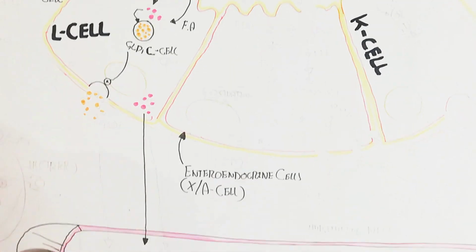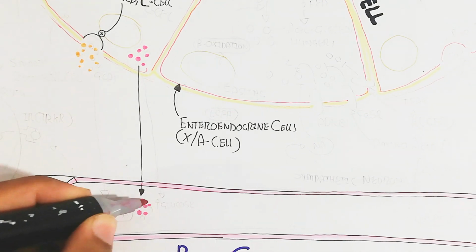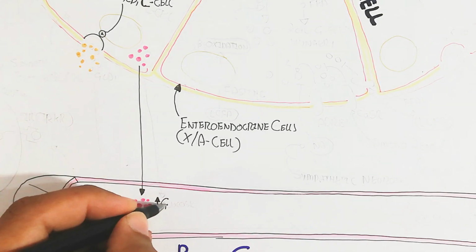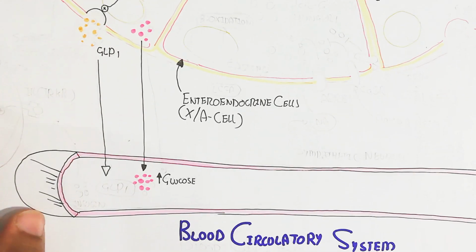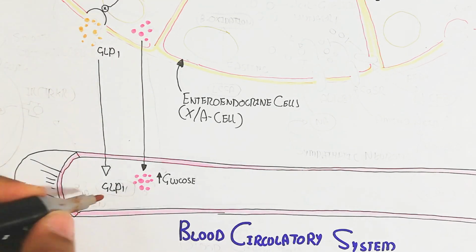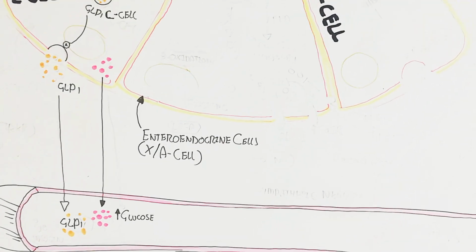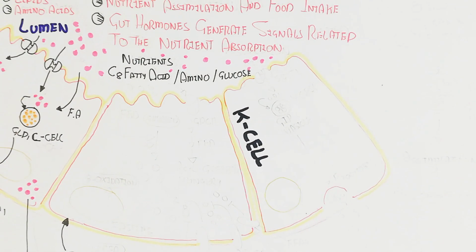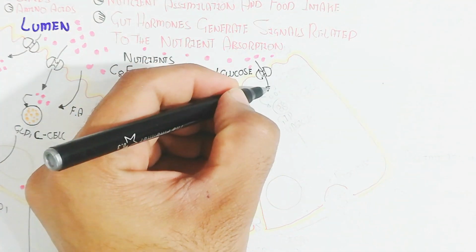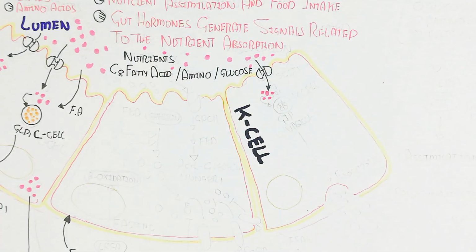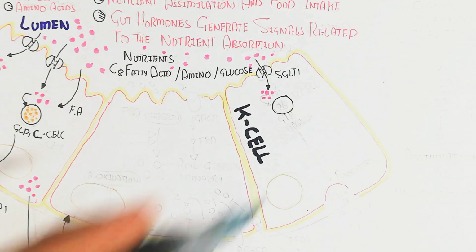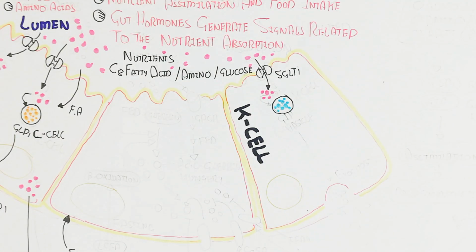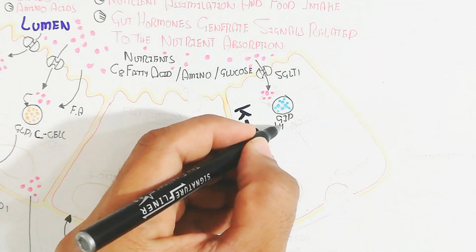GIP means glucose-dependent insulinotropic polypeptide. The other enteroendocrine cells here are the X and A cells, which we will discuss later in this video, but first we will understand the L cell and K cell. The L cell releases GLP-1, while the influx of glucose into the K cell leads to GIP vesicle exocytosis into the blood circulatory system.